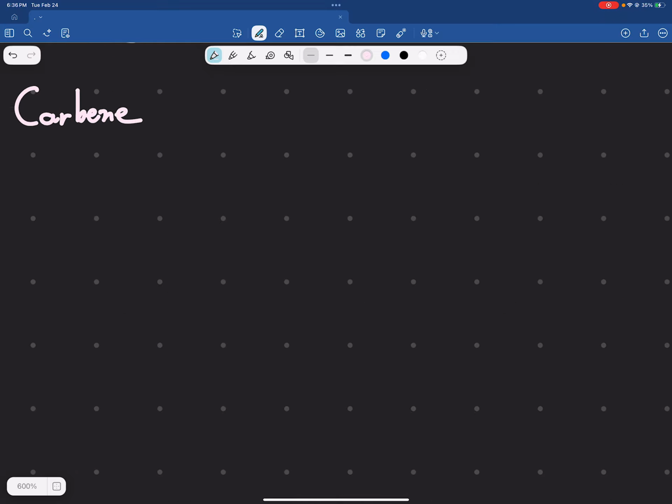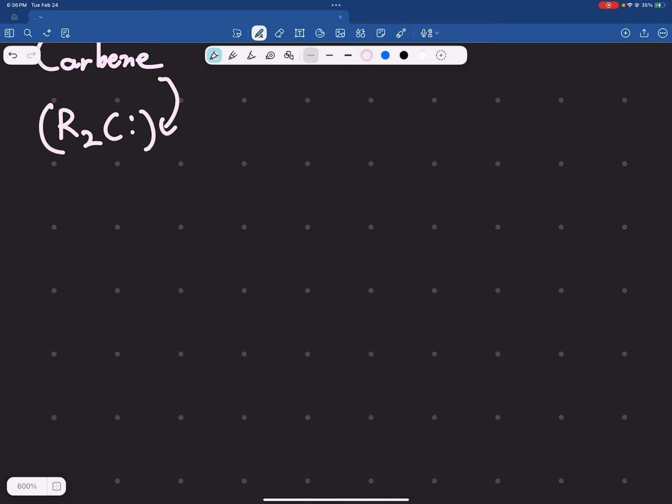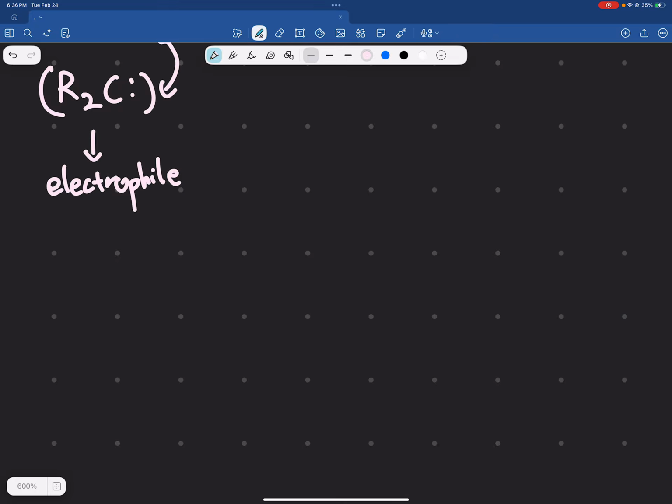Carbenes are neutral molecules containing a carbon atom surrounded by only 6 valence electrons. So the formula is going to look like that. This will be a carbene. This compound is highly reactive and it acts as an electrophile because it is electron deficient.